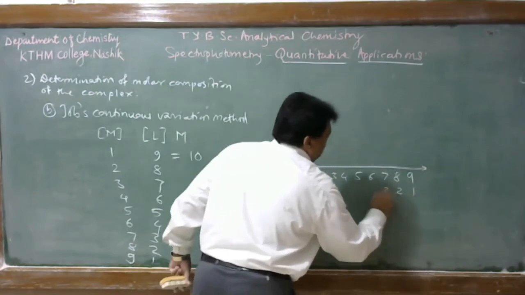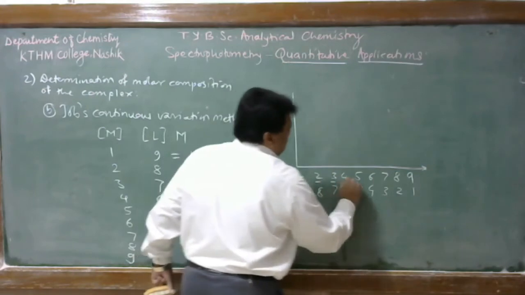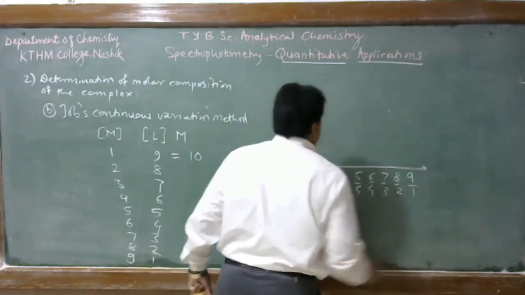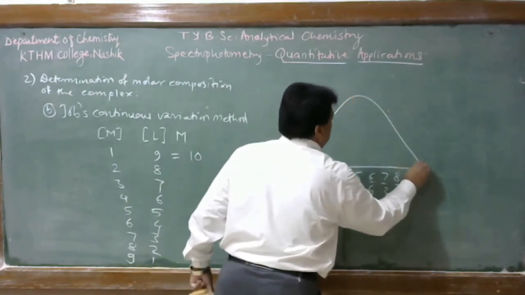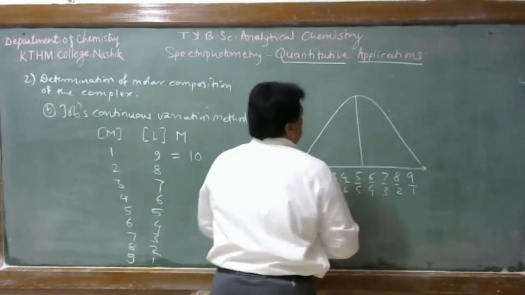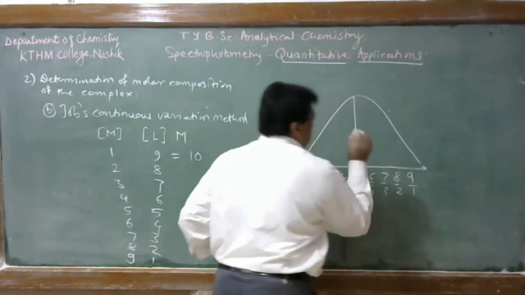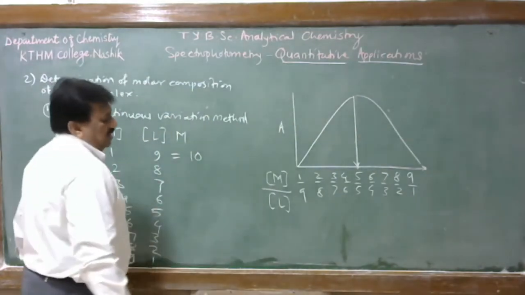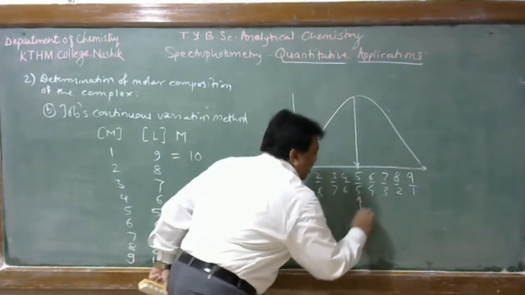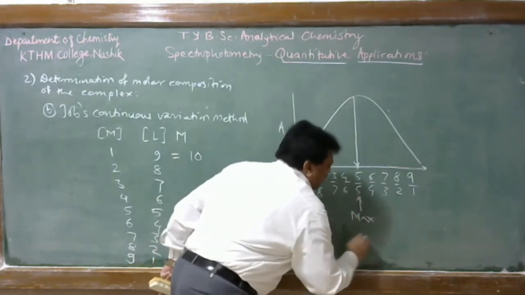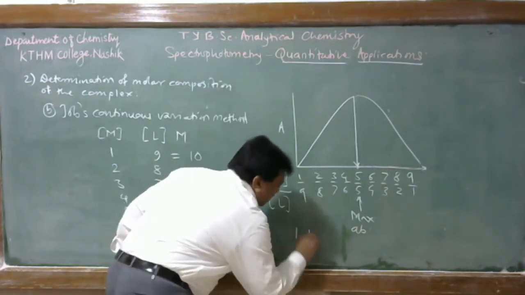Then we have a graph in this fashion. That means we observe a maximum peak at which the complex shows its molar ratio. Therefore, in this case, 5 moles of ligand and 5 moles of metal at which we have maximum absorbance, and that indicates the complex formed is in 1:1 ratio.